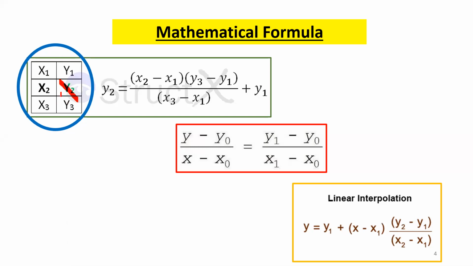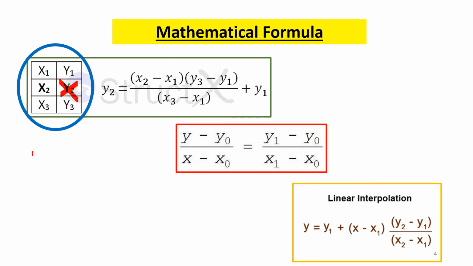Suppose you don't have this one, then it is useless to do an estimation using x2, x3, y3, and x1, y1. So it is important to have this y2. What we can do is an approximation for this step. You can use these three equations to do that job. Then I will share an example with you.